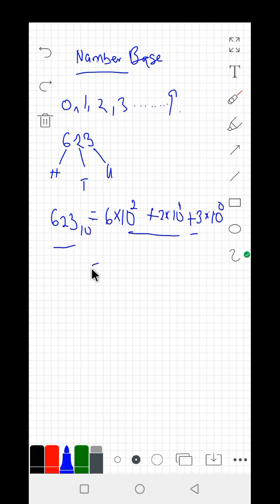623 can now be written as 6 times 10 squared, which is 6 times 100, plus 2 times 10, plus 3. Remember from your laws of indices, anything raised to power 0 is 1. So 10 raised to power 0 is 1. So this will give you 600 plus 20 plus 3.